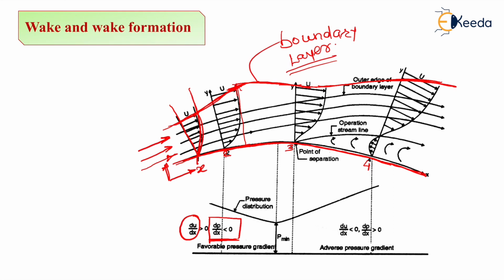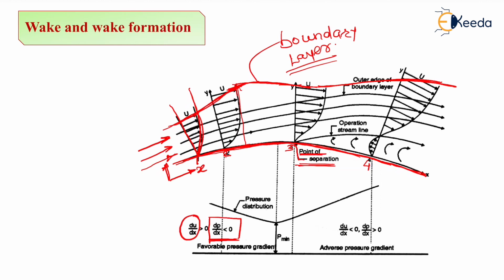It is going to separate from the actual rigid body surface at a particular point. In this diagram, point 3 is the point where the actual fluid flow gets separated from the boundary of the object, that is this rigid surface. So we will call this third point the point of separation.